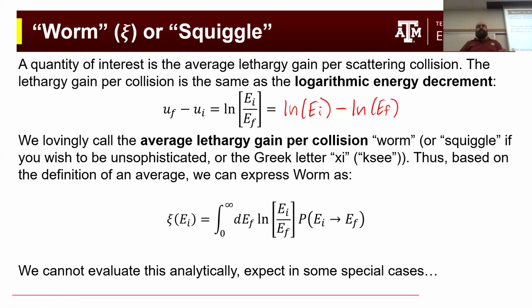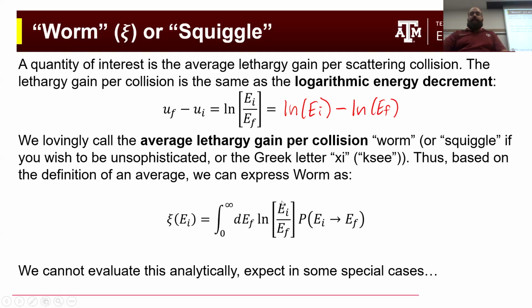There's another thing that we like to talk about, which is the average lethargy gained per collision. And we call this lovingly worm, or sometimes squiggle. It's the Greek letter xi, which is this guy right here, so he kind of looks like a worm or a squiggle. That by definition is the average lethargy gain per collision.